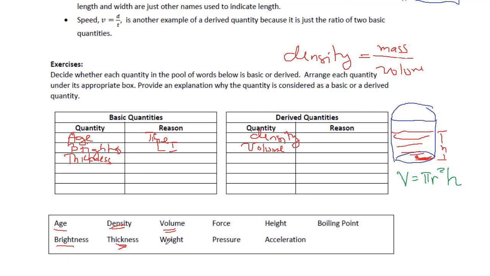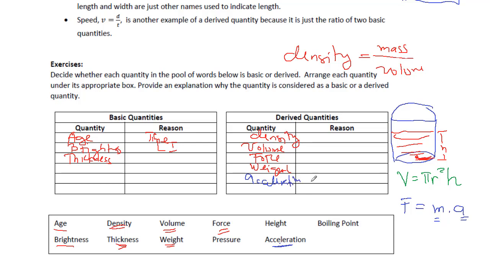And weight, for example. Force and weight, these are derived quantities, because later on we will learn that in Newton's law, force is equal to mass times acceleration. Mass is a basic quantity, and acceleration is a derived quantity. So I'll have here acceleration.